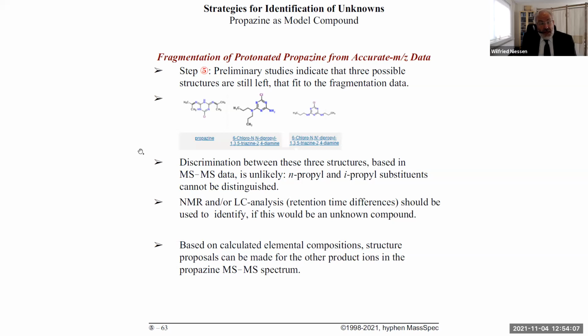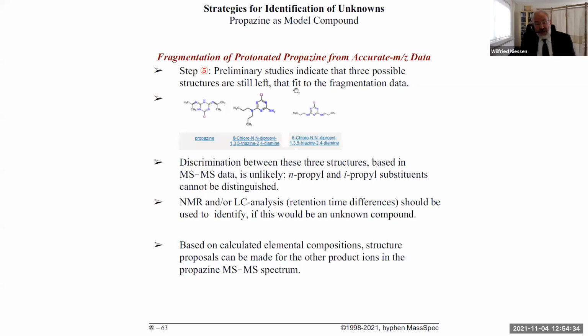So basically, in this particular case, I'm stuck with only three different possible structures: propazine, the analog where you have two propyl chains on one nitrogen, and the analog where you have two propyl instead of isopropyl groups on both these nitrogens.